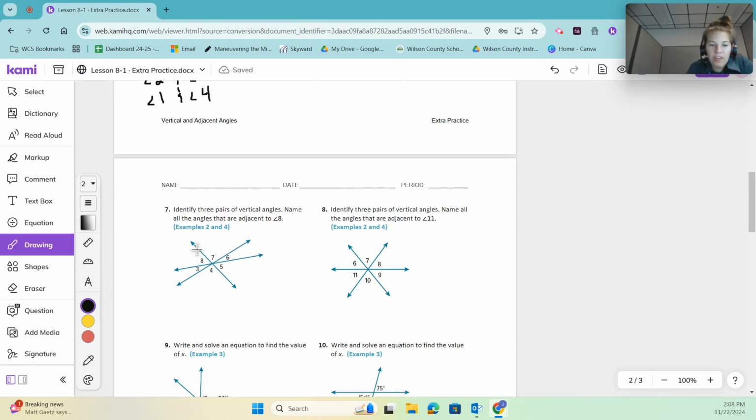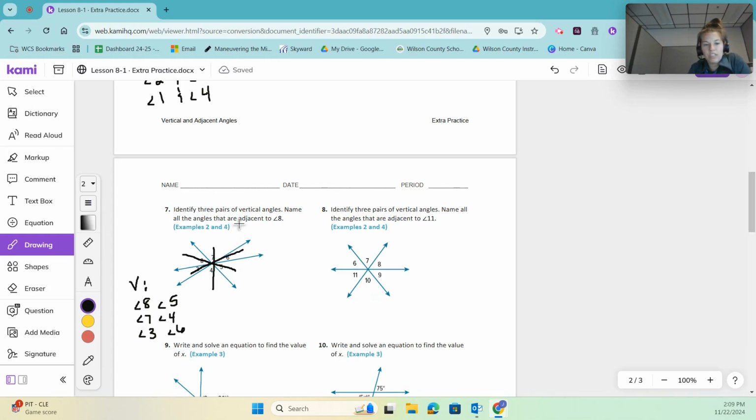Name 3 more pairs of vertical angles. Again, 8 and 5 are directly across from each other. So my vertical angles are angles 8 and 5, angle 7 and angle 4, again a straight line, and angle 3 and angle 6.